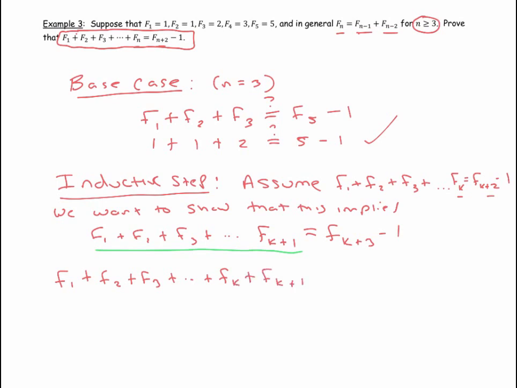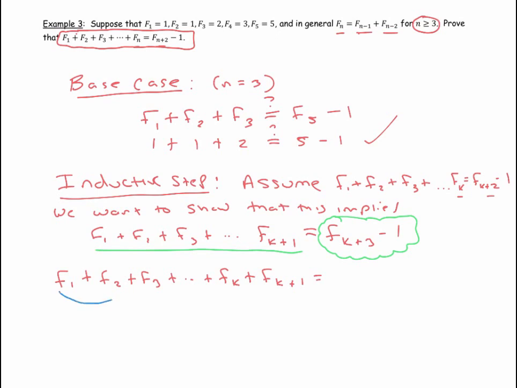I wrote the kth because we're going to substitute this first, or most of this expression, with what we can assume is true. By the way, notice this is the last thing I'm going to be writing down on the page, right? We want to end there, at least in the style in which I do these proofs. We can't treat this as true. We have to show that that's true.